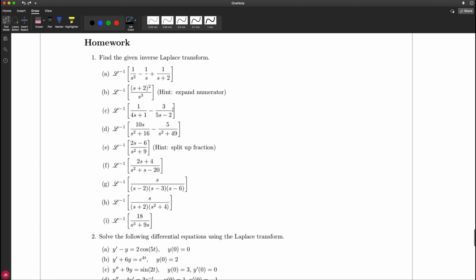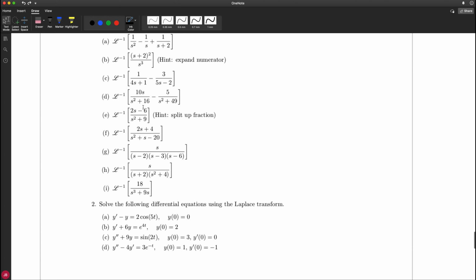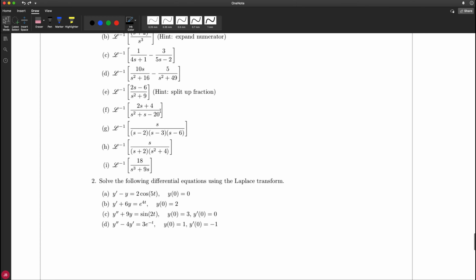This one, maybe take a factor out of each denominator so that it looks like something from the chart. Here, maybe that strategy I just showed you above could help you for the Laplace inverse of this one. Same here. For, I think, the last 4, you're going to need to use a partial fraction decomposition.